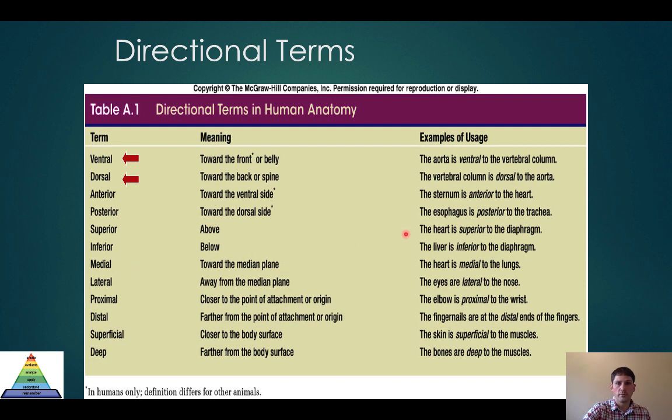So if we look over here, the heart is superior to the diaphragm. If you say the heart is superior, it doesn't really make any sense because it's not in reference to something else. Here, then, we could just flip this around and say the diaphragm is inferior to the heart, or here, in this case, the liver is inferior to the diaphragm. So it's always in relation to something else.